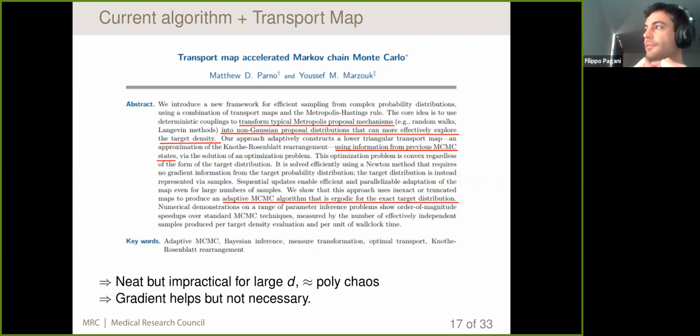So you have a lot of terms, and each of them has a parameter. So as you can imagine, as the dimension of your problem grows, the number of parameters you have to estimate explodes. So it's generally impractical for a high dimensional problem, but for a lower dimensional problem, it's a very, very neat idea. And like I said, it can work with your current algorithm without needing any gradient or any Hessian, even though if you have the gradient, it does help.